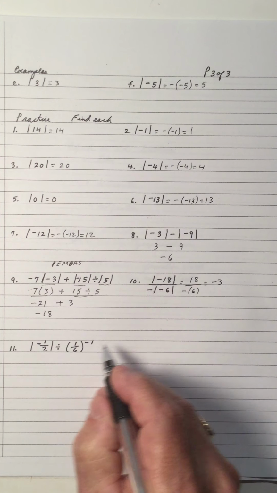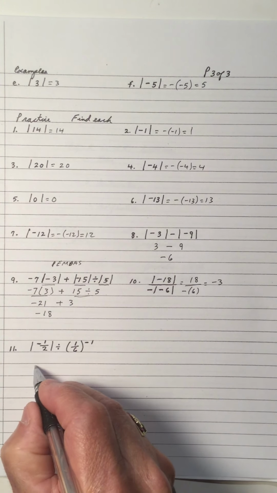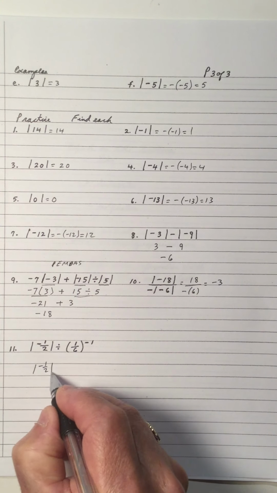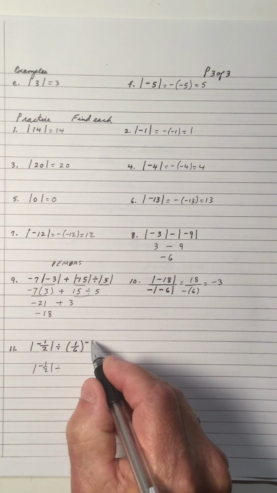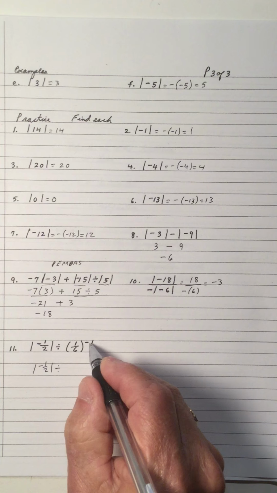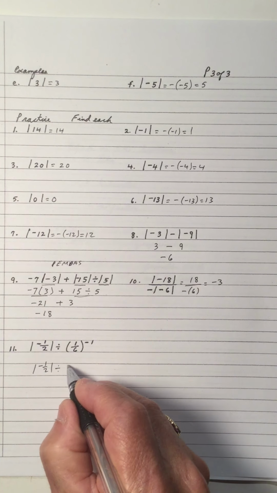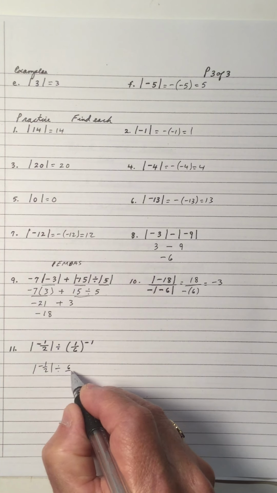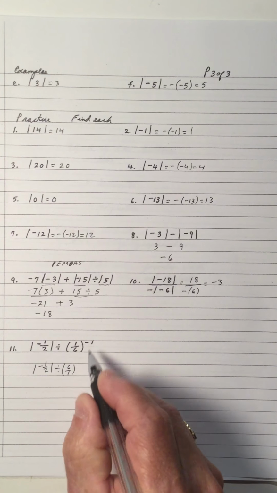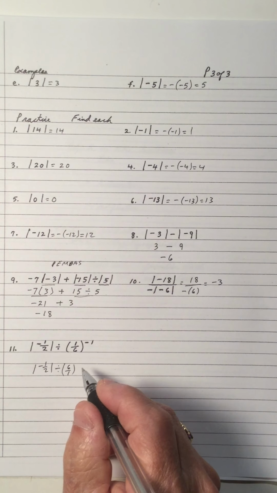And number 11, we have the exponent to do first, so let's leave this absolute value alone. The negative exponent takes the fraction and reverses it, so that's 6 over 1 or 6. So we have the exponent gone by PEMDAS.